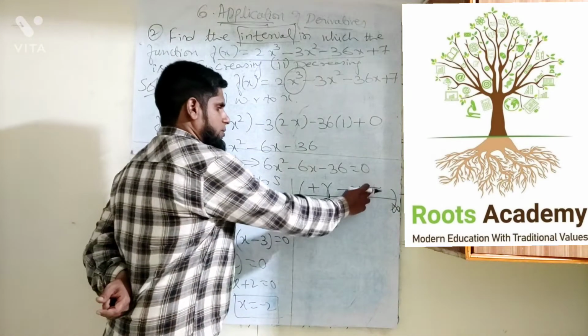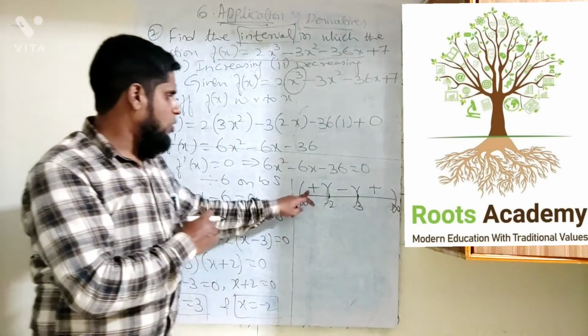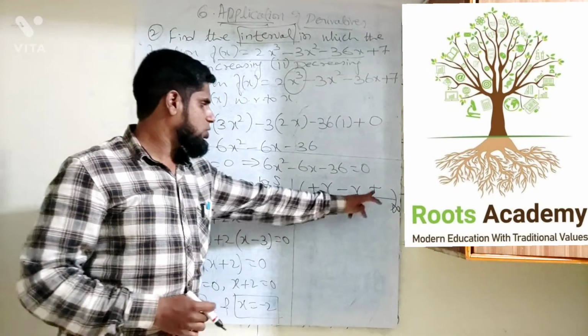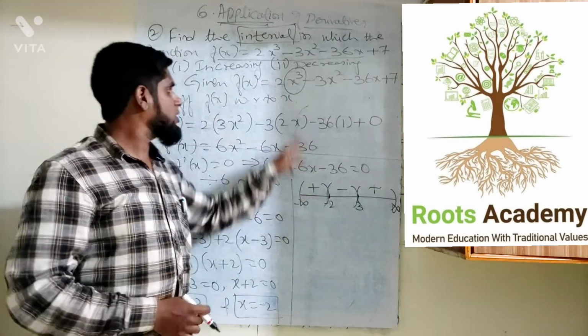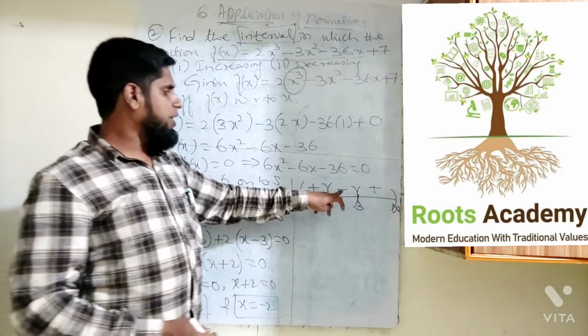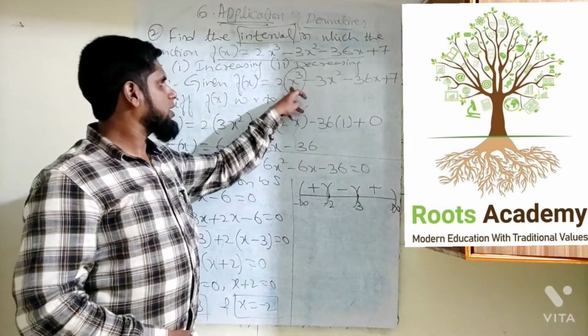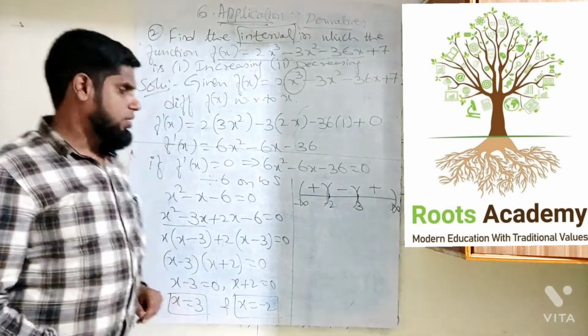Now here, there are two intervals which carry positive signs. In these two intervals, this function is increasing. And one interval has a negative sign. In this interval, the function is decreasing.